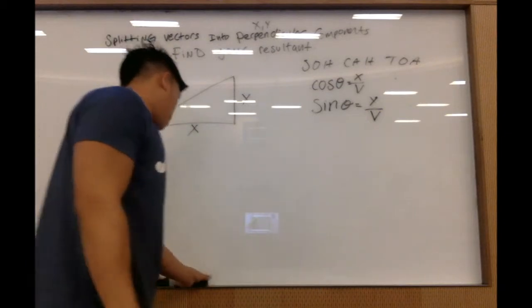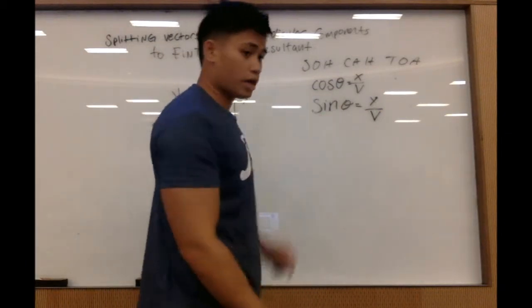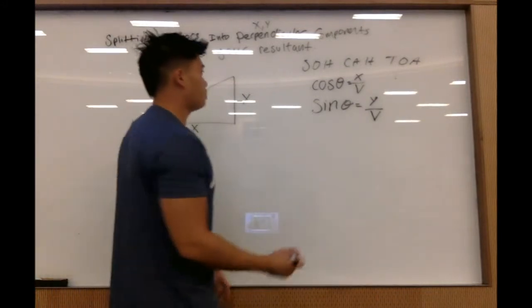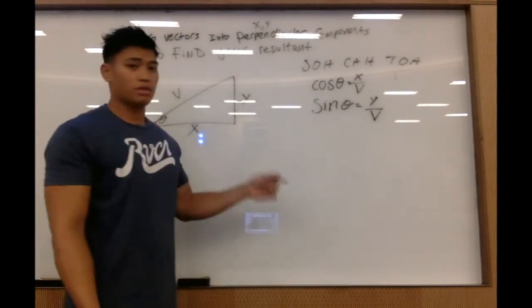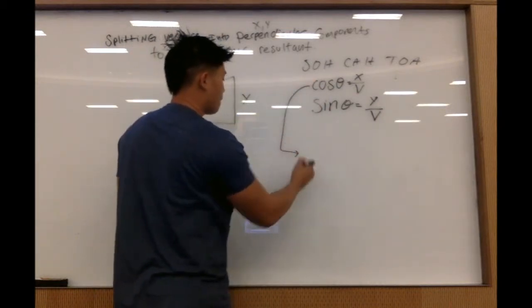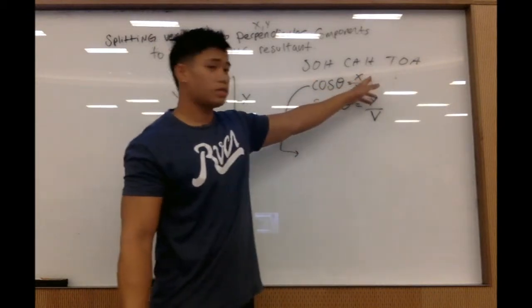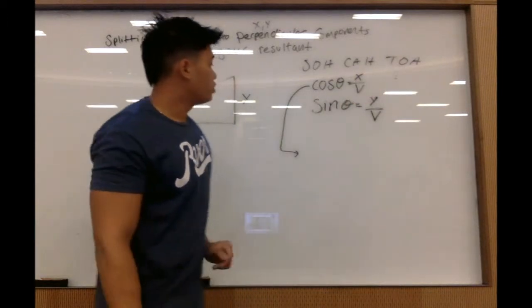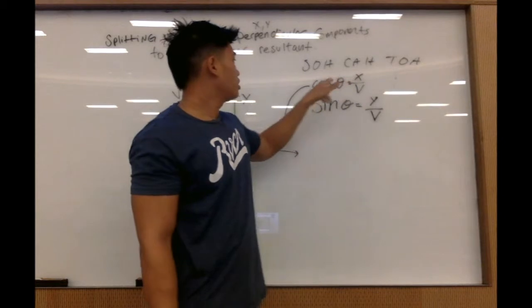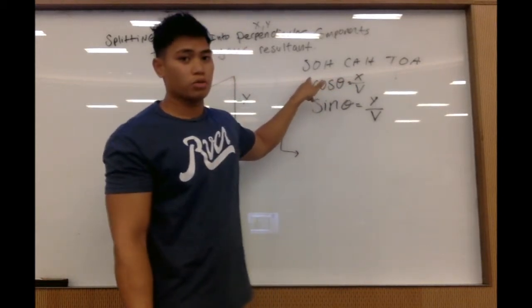All right? Now, to find your x and y components, you're going to break this down even further, or switch them up a little bit, so you get x by itself and y by itself. So start with x. How can we get x by itself? All we need to do is take your vector times your cosine.